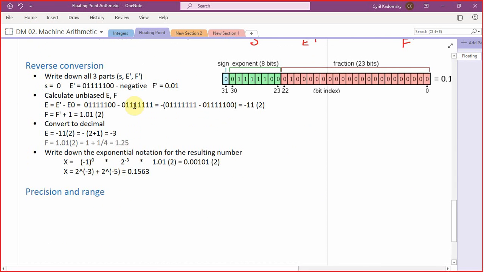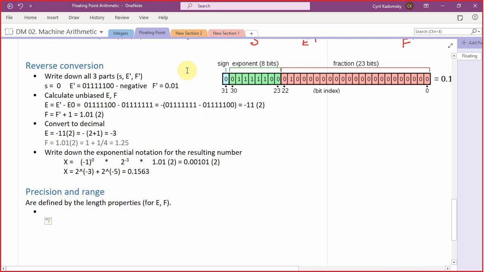Actually, the precision and range both are defined by the length properties. We have 2 length properties, for the exponent and for the fraction. And how exactly it is done, we will discuss now.